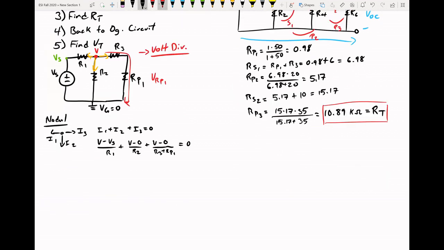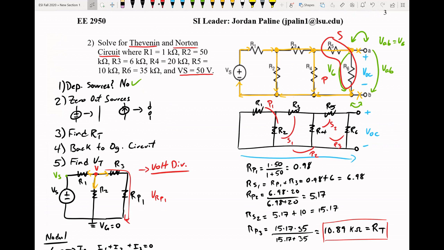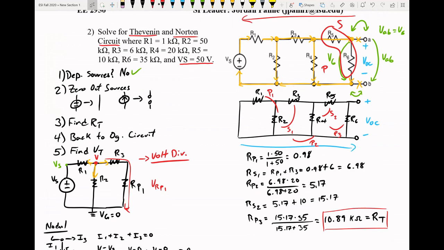Okay, but see, this R3 R parallel 1, we got to go find that, because now instead of working from left to right, we're working from right to left. So that way. And I'll save you the trouble. I'll write them out here. So R series 1 would be equal to R5 plus R6, which would give us 45 kilo ohms.